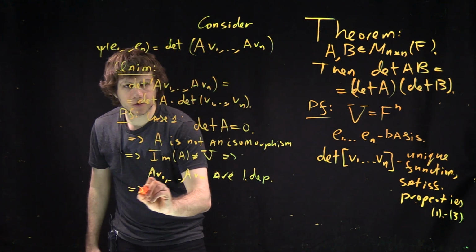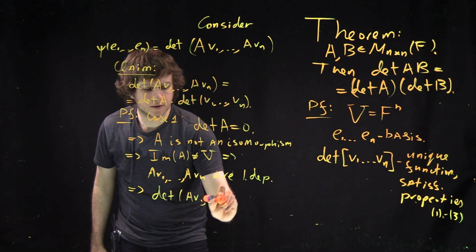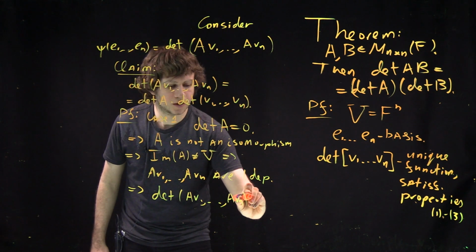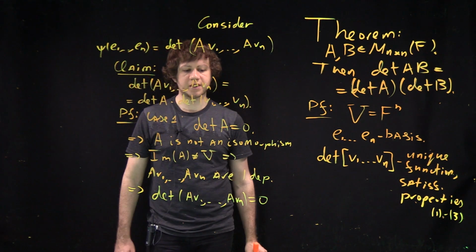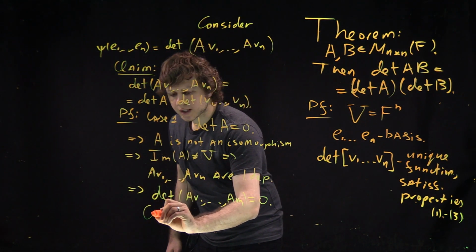But then determinant of Av1 up to Avn is equal to 0 as well, just because these are n linearly dependent vectors. So this was easy.